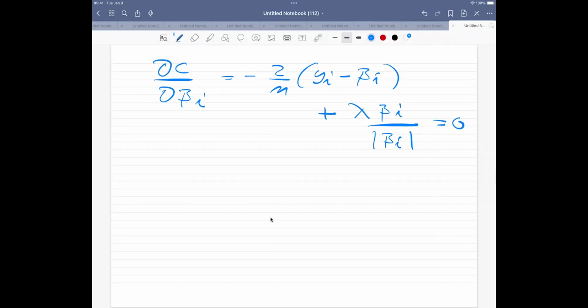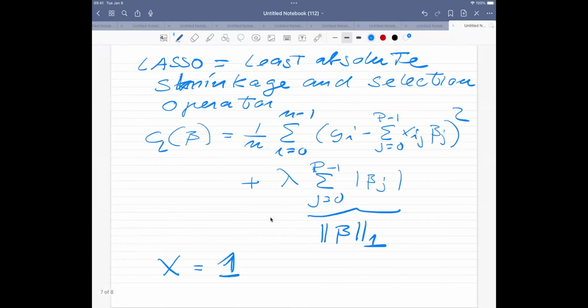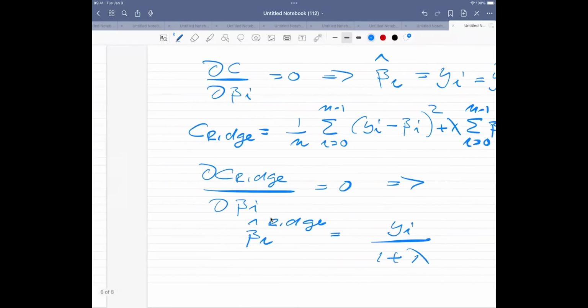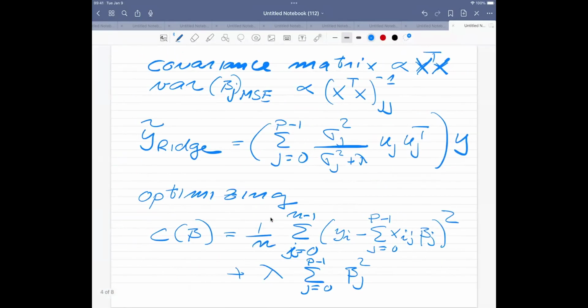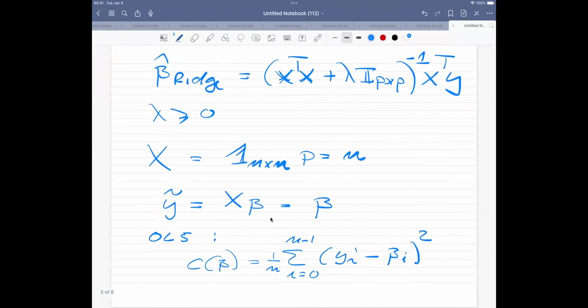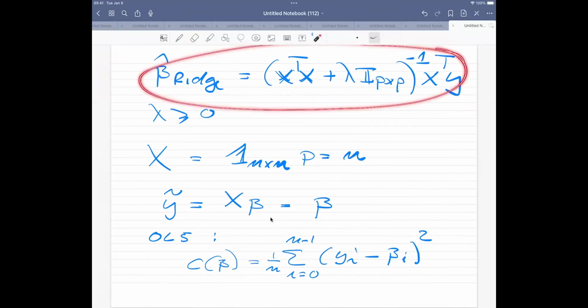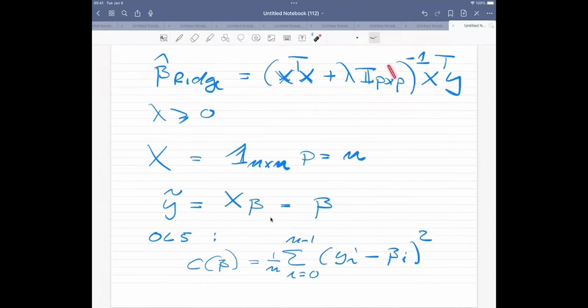Whereas for ridge and ordinary least squares, you have a nice simple expression for the parameters, the parameter beta, like this one. And for ordinary least squares, you simply have lambda equal to 0. So these are things which we can easily set up and calculate ourselves.